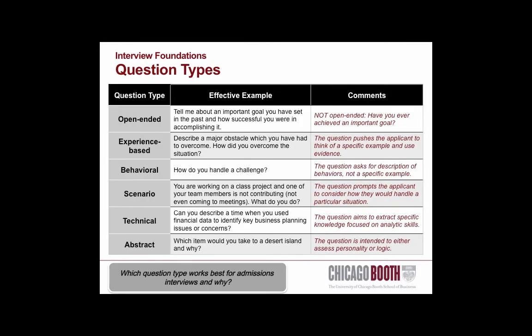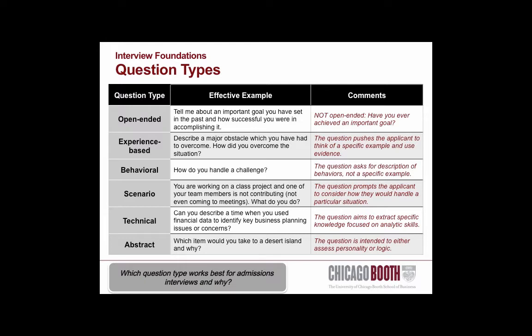The next topic I want to spend a few minutes on is reviewing the various question types that could be used in conducting an interview. I think it's an important understanding to have because the way in which you ask a question can really help or not help the overall evaluation of a candidate.